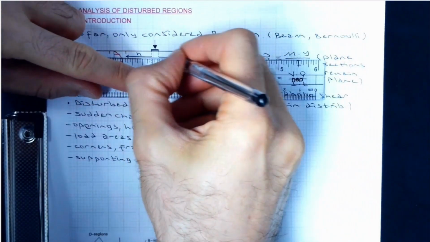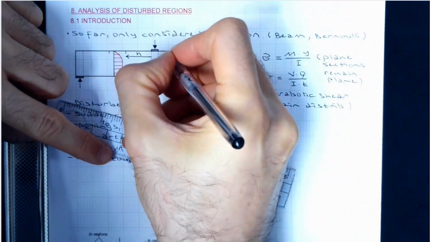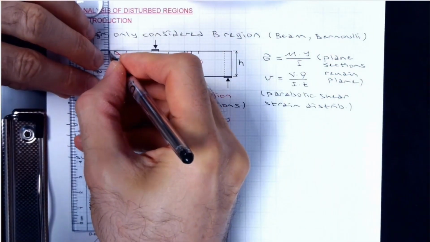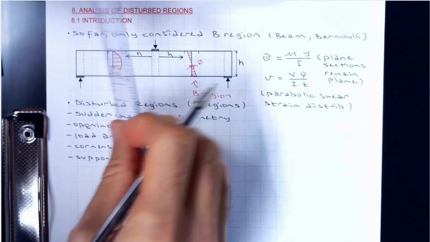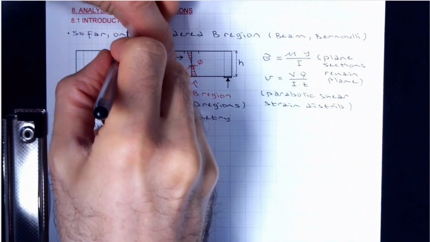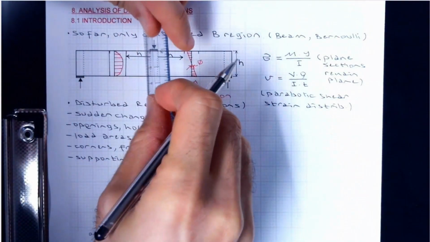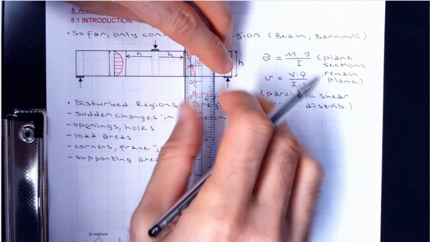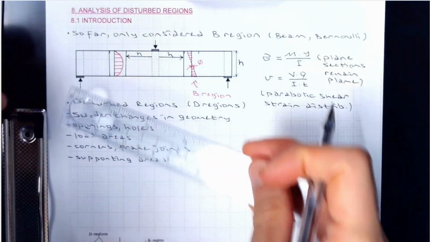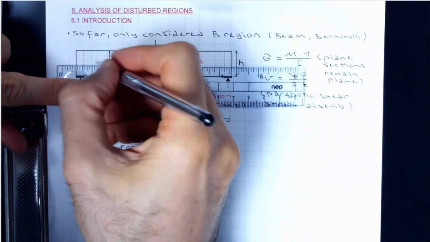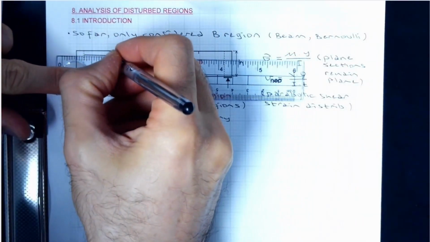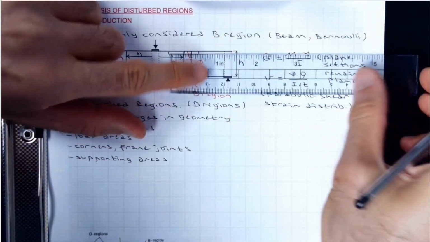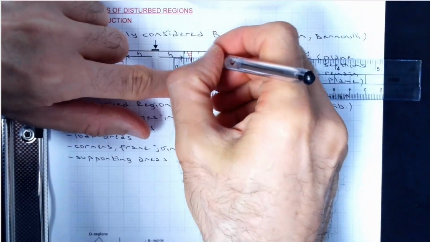You also need to go h the other way, right? If you do it, you will see these are going to be disturbed regions. That also applies to the load application areas, which is this one, which is h, and another this one, which is h.